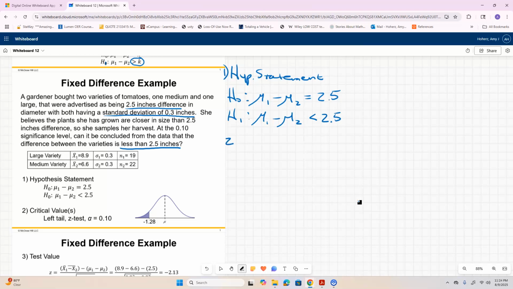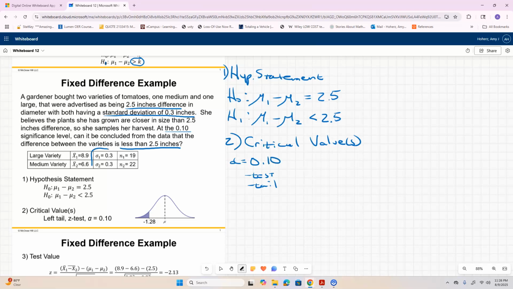So then we're ready for our critical value. So now we're going to look for that critical value, or values, and then just as always, we're going to need to know our alpha. We're going to need to know what kind of test, and we're going to need to know how many tails. So our alpha is stated to be 0.10.